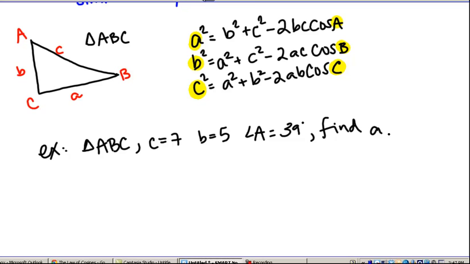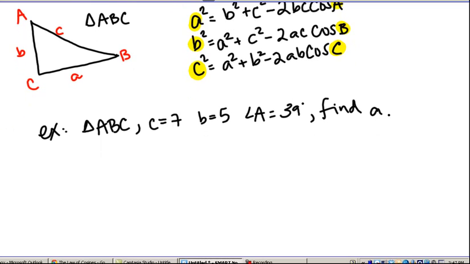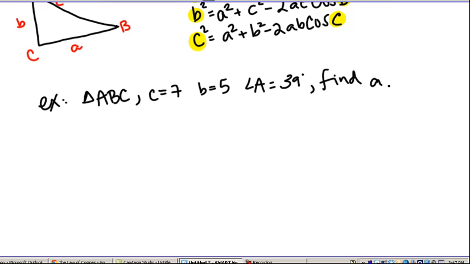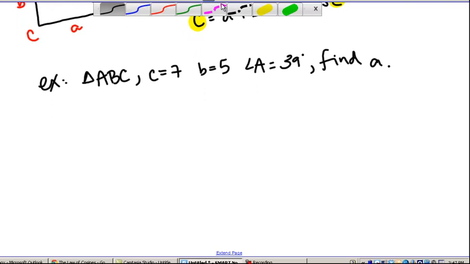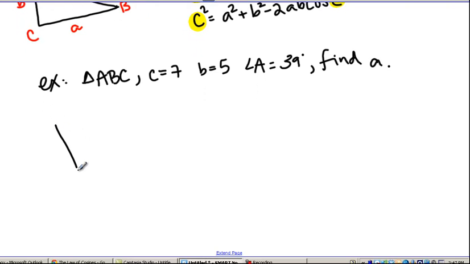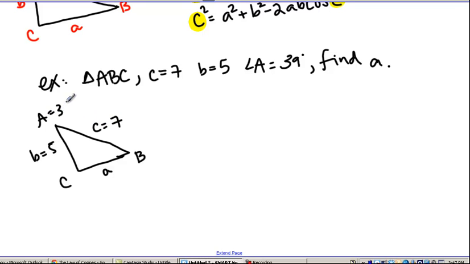Some of y'all are probably like, well, just use the Pythagorean theorem. We don't know it's a right triangle, and it's more than likely not. So no, we cannot use the Pythagorean theorem. What you have to do is draw a triangle and label all our sides: b is equal to 5, c is equal to 7, and angle A is 39.